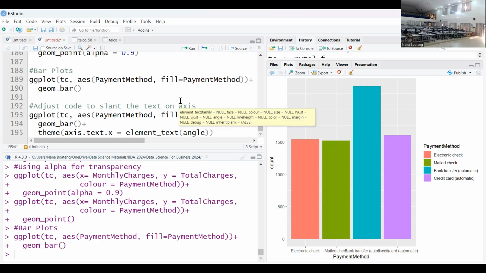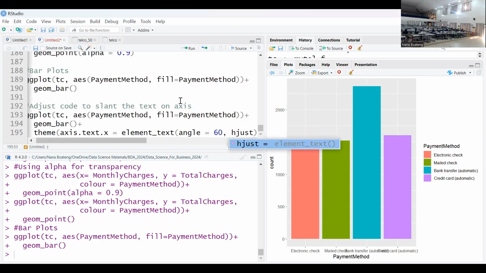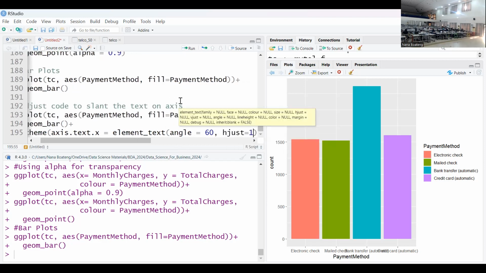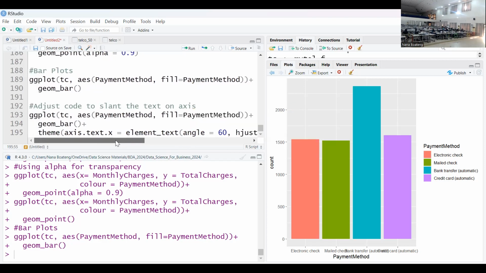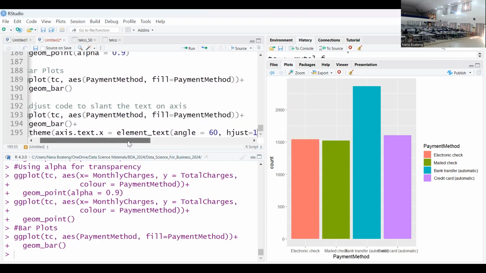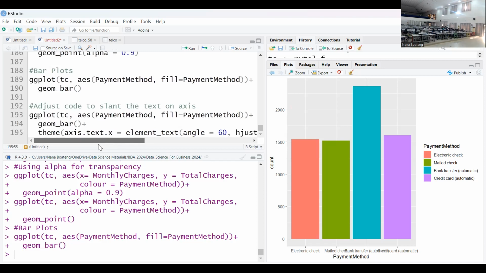So the angle is 60 degrees. Okay, and then we need a horizontal justification. Okay, so this one we put it at the center a bit. Okay, so let's run this.